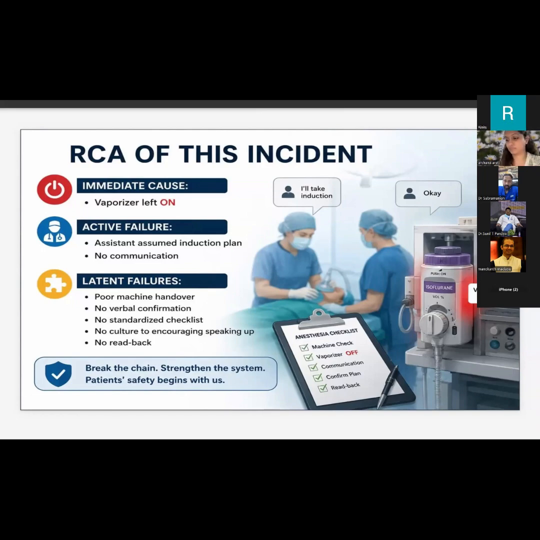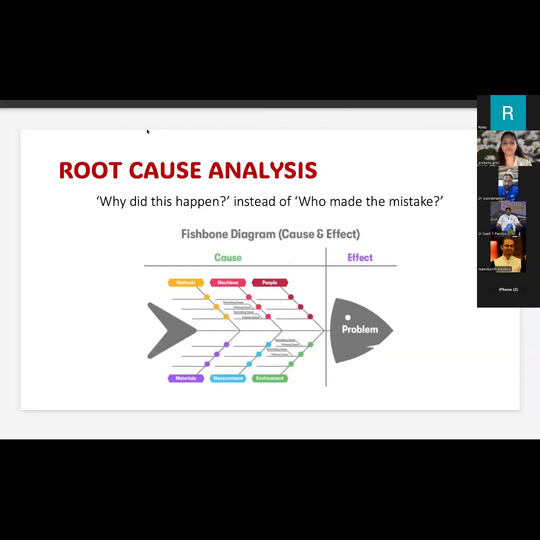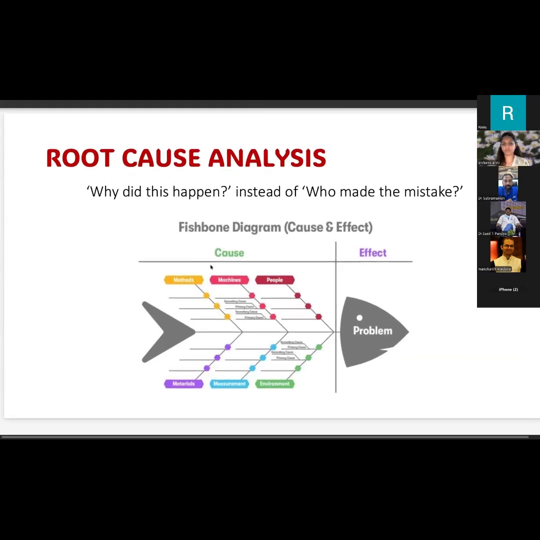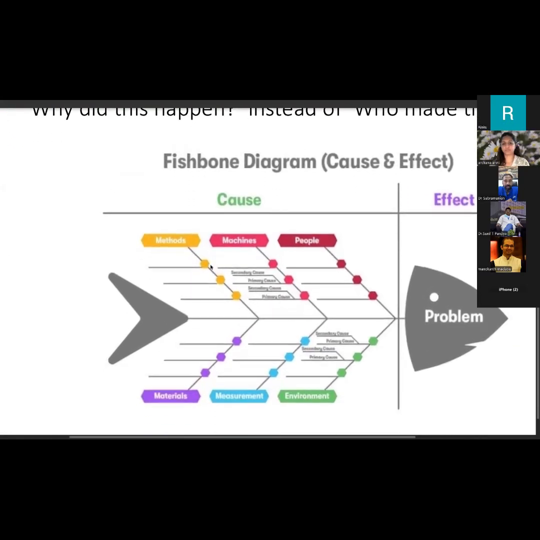Before that, ma'am, can you please go to the previous slide? If you see the previous slide, there is something called a fishbone diagram. That is the most commonly used tool in root cause analysis. It categorizes potential contributing factors into areas such as people, communication, equipment, environment, and organizational factors. We are supposed to ask why did this happen under each cause.